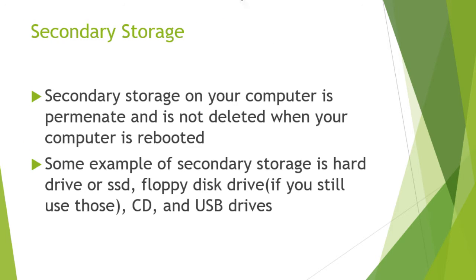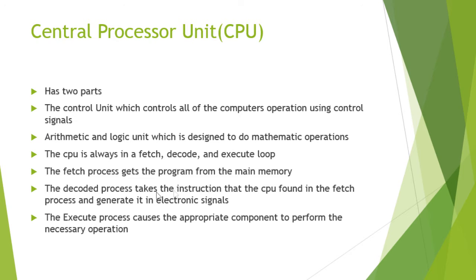The control unit controls all the operations using control signals that the computer sends to the individual components. The CPU also has the arithmetic and logic unit, which is designed to do mathematical operations. And the CPU goes through the fetch, decode, and execute loop.